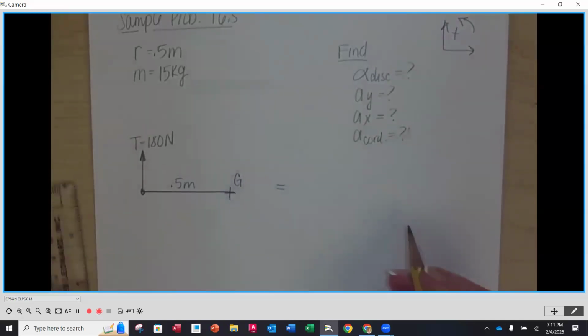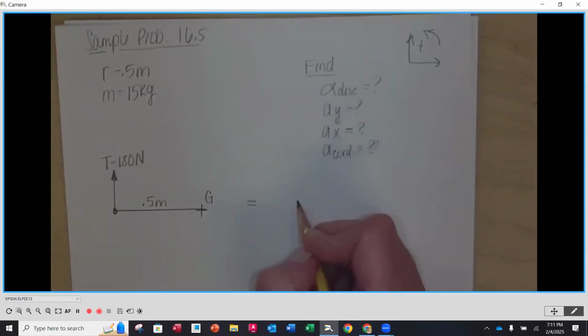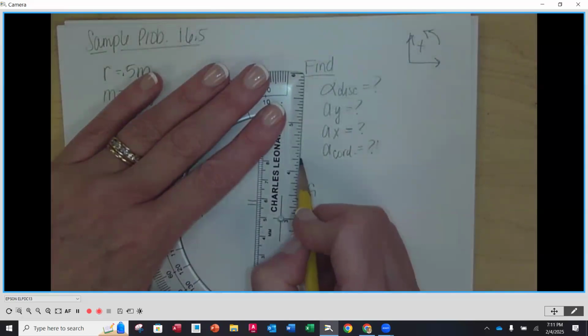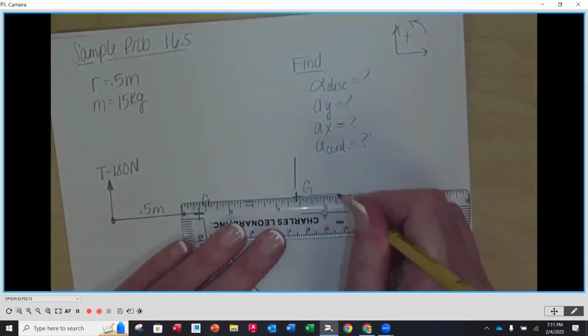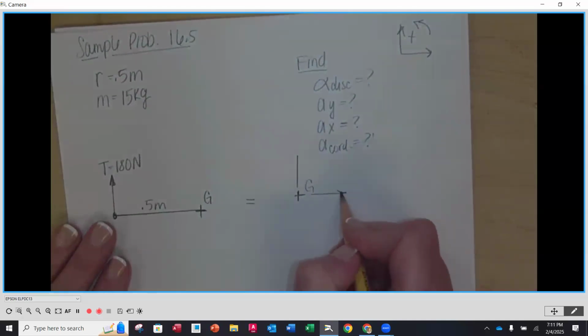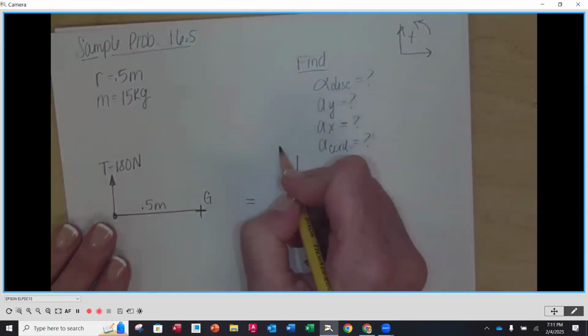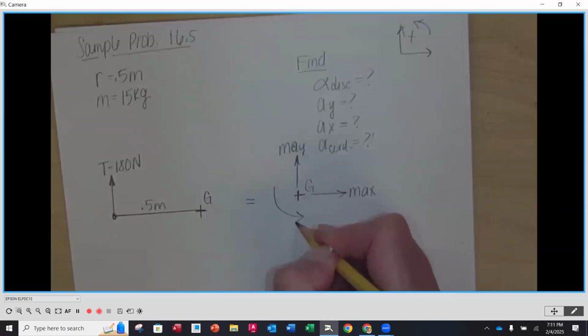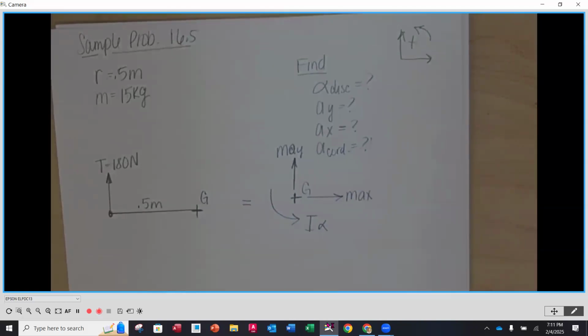That's going to be equal to, taking the center of G here, the straight line accelerations in both directions, AX and AY, and we'll solve for them and see how that works out.